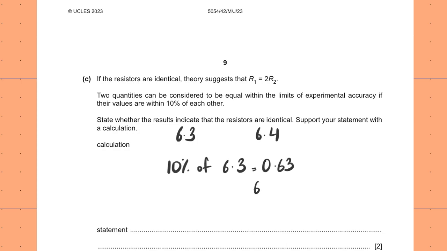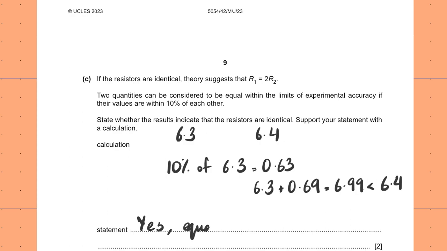So 6.3 plus 0.63 is 6.93, and 6.4 does lie within this range. So yes, equal, since they are within 10%.